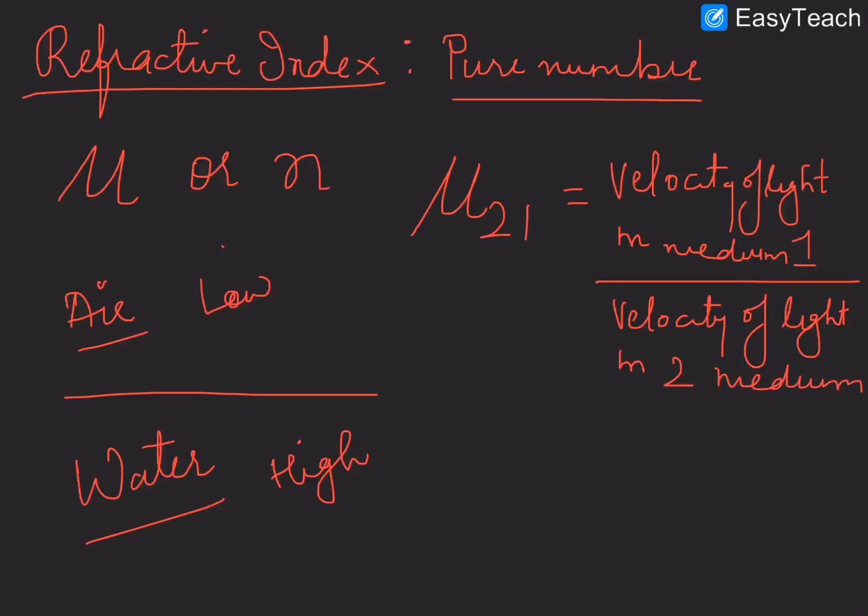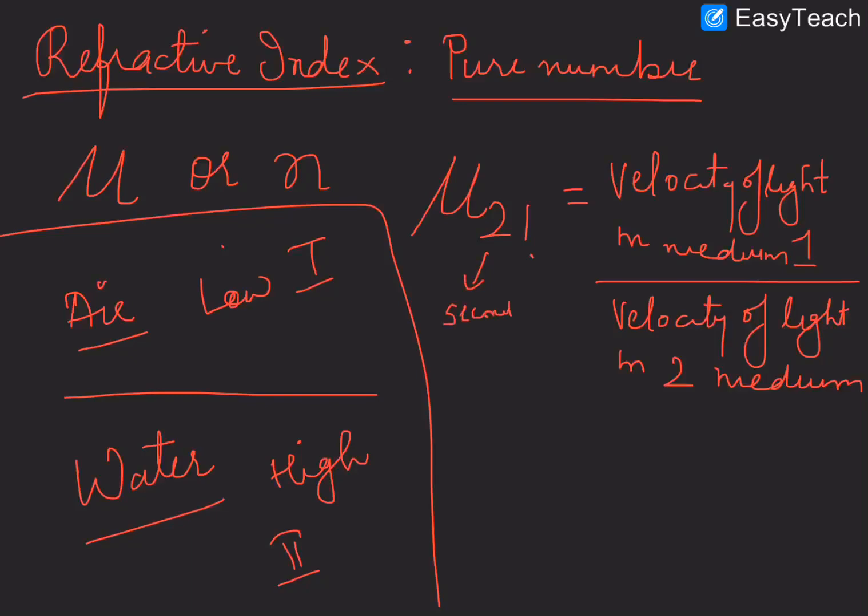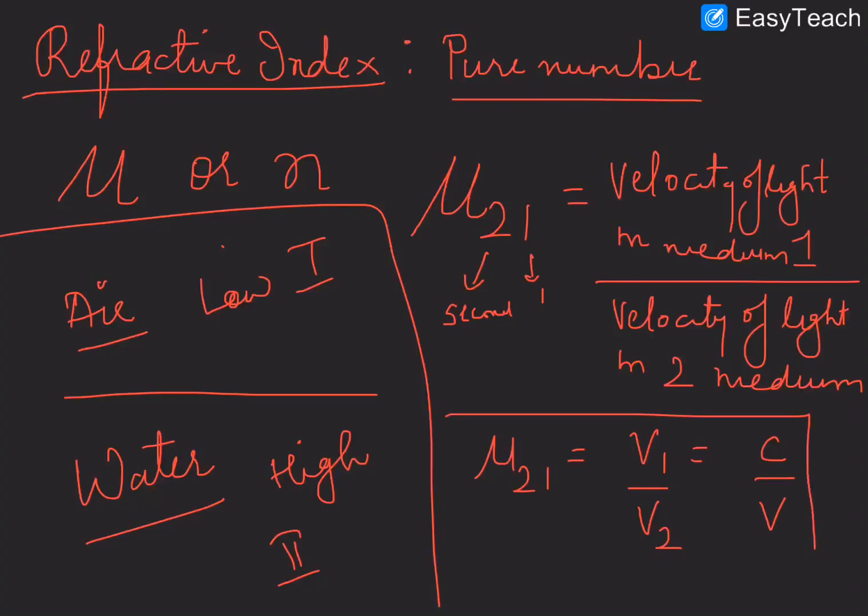In this case, this is medium 1 and this is medium 2, so we write this as the refractive index of the second medium with respect to the first. So you'll write mu 2 1 as v1 by v2. Now in this case, we consider the velocity in air as c, so we write it as c by v.